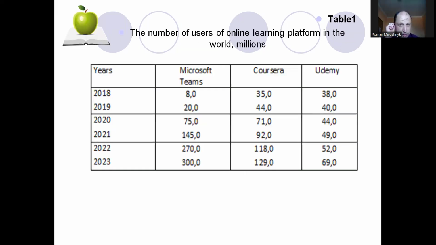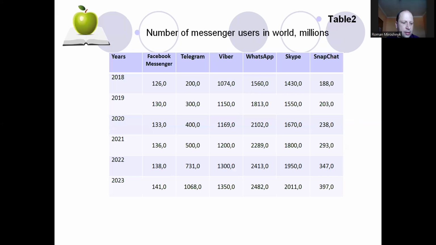And in table 1, you can see the number of users of online learning platforms in the world in millions. As you can see from table 1, the online learning platform Microsoft Teams had only 8 million users worldwide in 2018 and 300 million users in 2023. In table 2, you can see the number of messenger users in the world in millions.